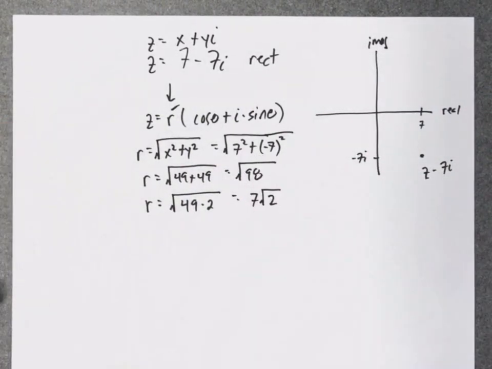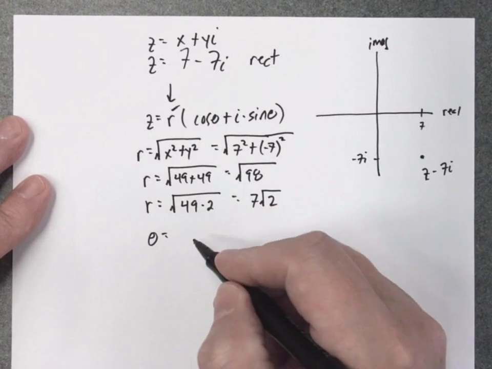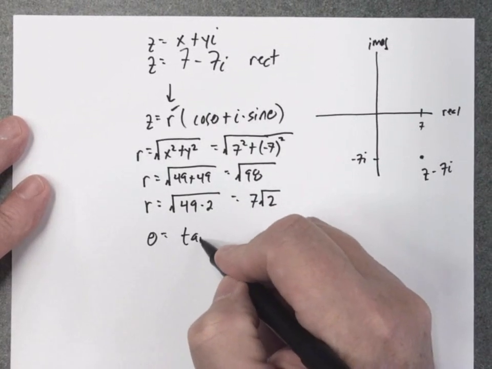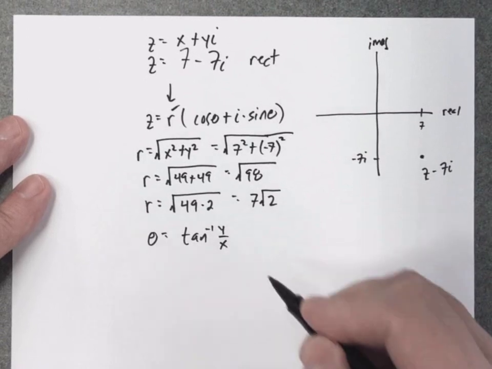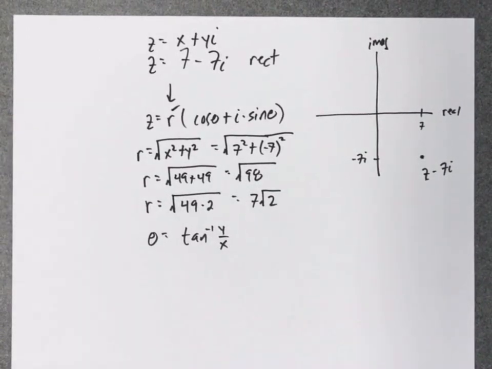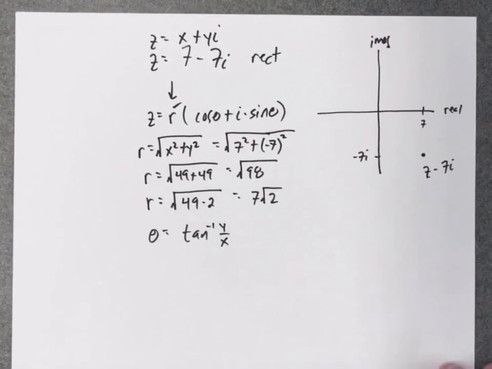Now we just need to find theta, and then we can rewrite this complex number in polar form. Our equation to find theta is the inverse tangent of y over x. Now, inverse tangent is sort of tricky.